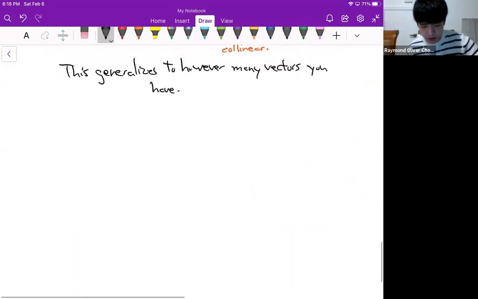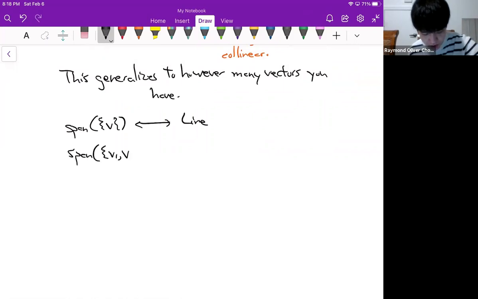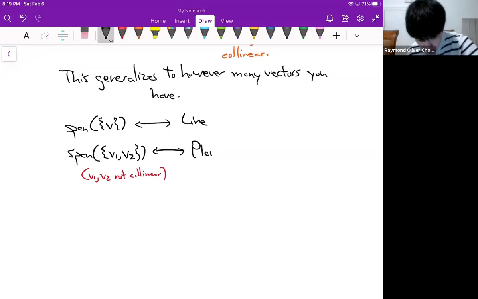Okay, let's see. So span of V, let's just make it easy to look at. This is the same thing as a line. Span of V1, V2. And then I have to put V1, V2 not collinear. This is a plane.